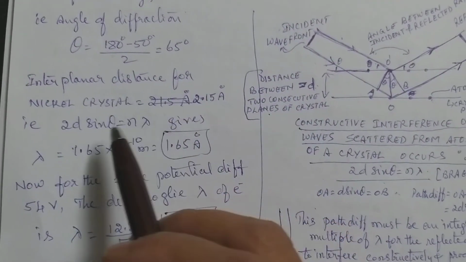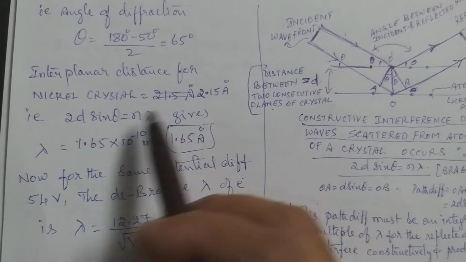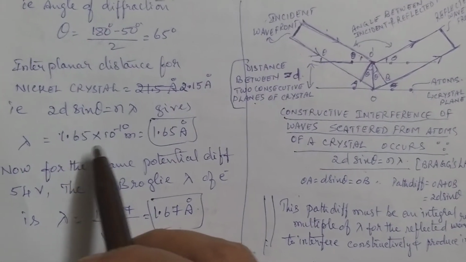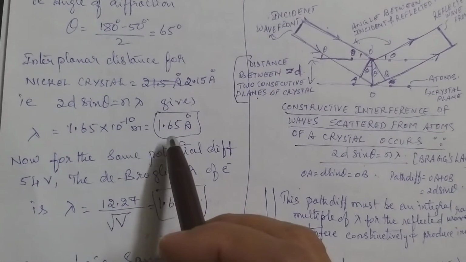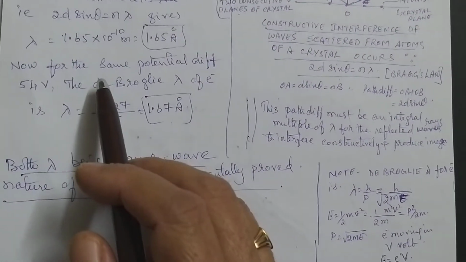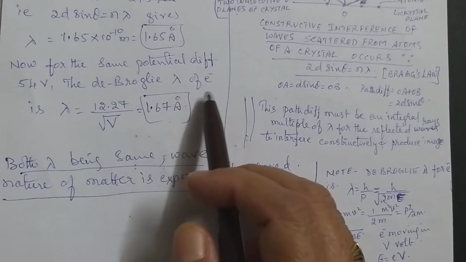Now the interplanar distance for nickel crystal is 2.15 angstroms. So 2d sine theta equals n lambda will give you lambda equal to 1.65 into 10 to the power minus 10 meters, or 1.65 angstroms.